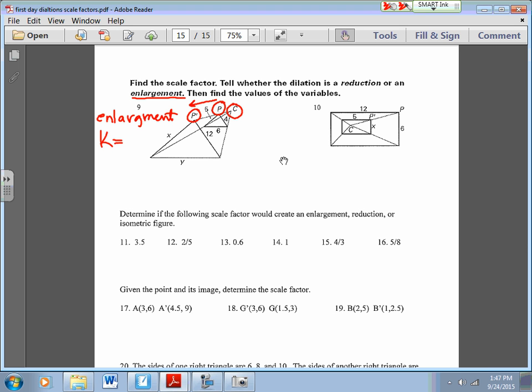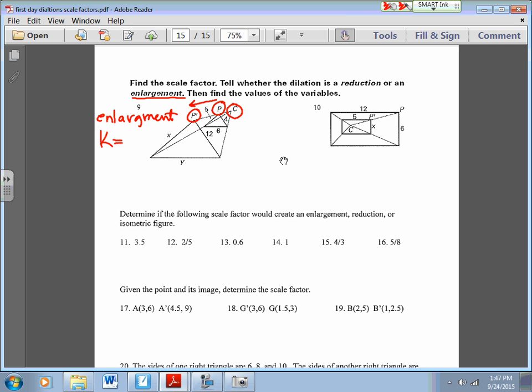We're going to have to find what is the scale factor. What was everything being multiplied by? And then we're going to have to find the variables x and y. Can anybody help me set up an equation so I can solve for either x or y?